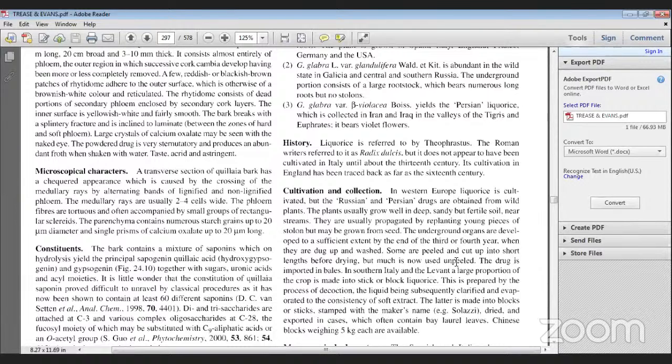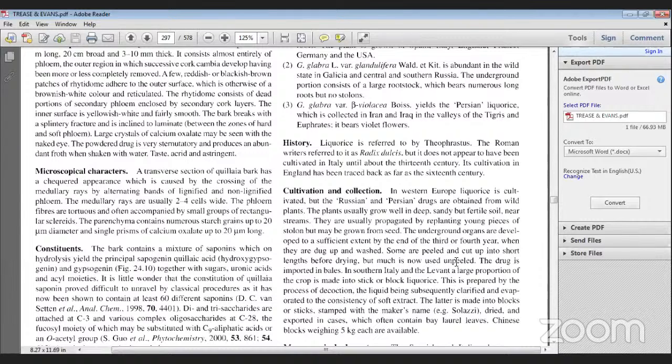There are three varieties: the Spanish liquorice is Glycyrrhiza typica, the Russian is Glycyrrhiza glandulifera, and the Persian is Glycyrrhiza violacea.